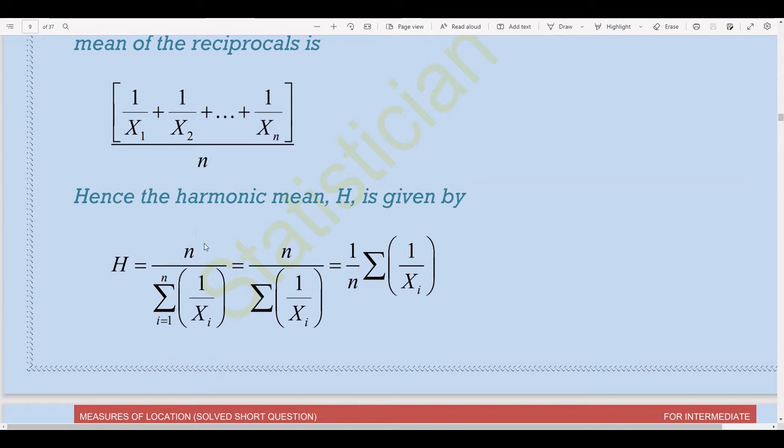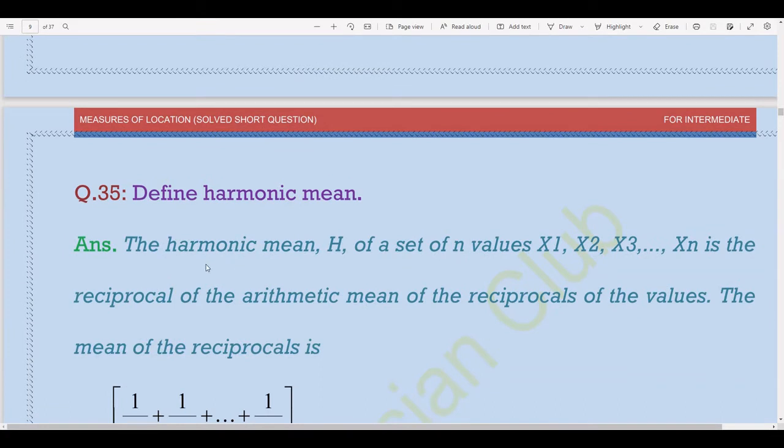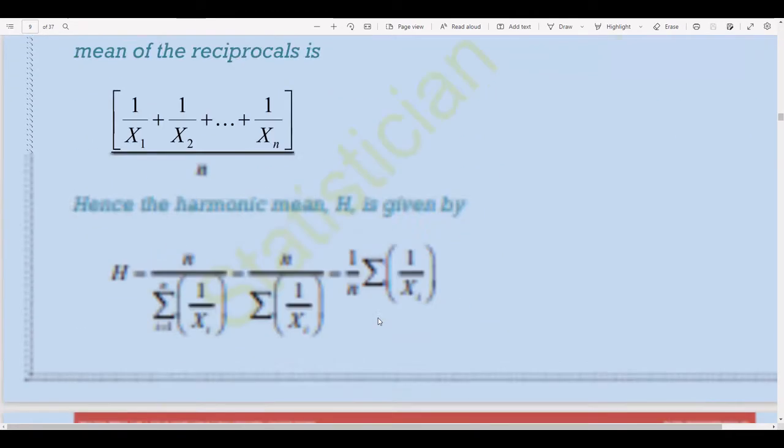Arithmetic mean is sum of x over n, here it is n over sum of x. So this is the formula: 1 over n sum of 1 over xi. I define again: harmonic mean H of a set of n values x1, x2, x3, and so on to xn is the reciprocal of the arithmetic mean of the reciprocal of the values.